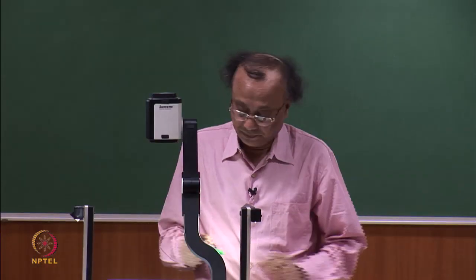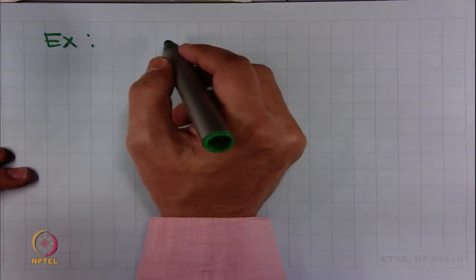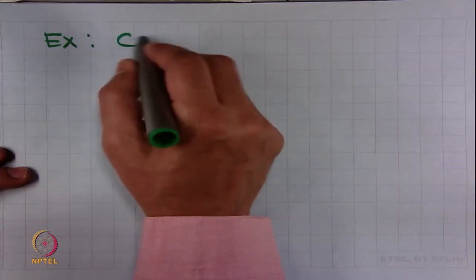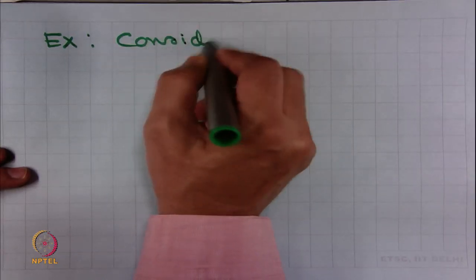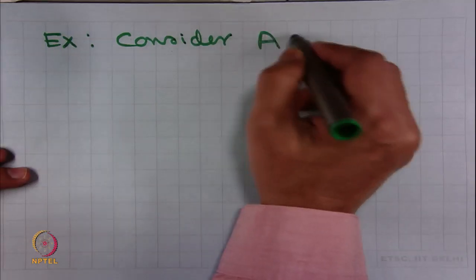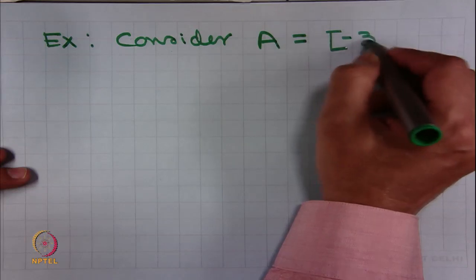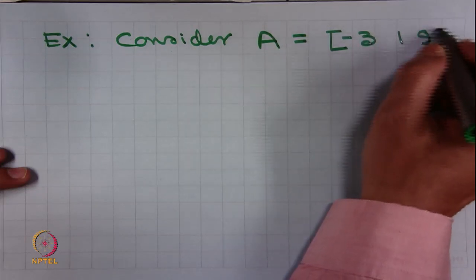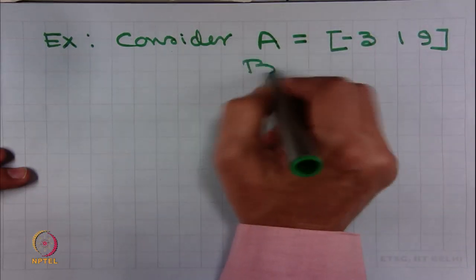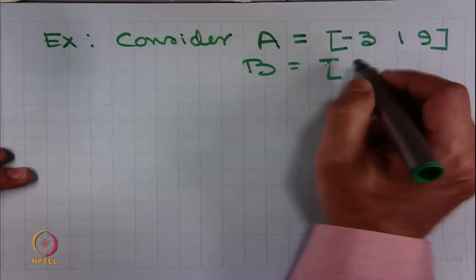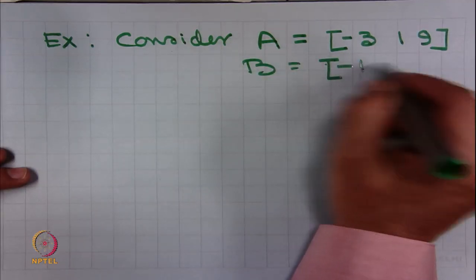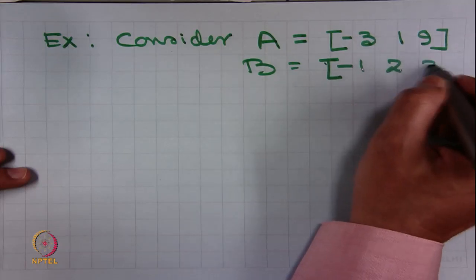Example, consider A is equal to the triangular fuzzy number minus 3, 1, 9, and B is equal to also the TFN minus 1, 2, 3.